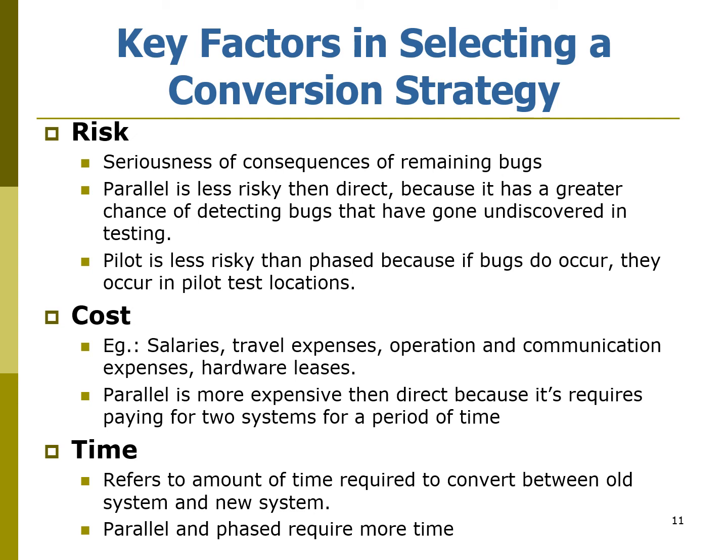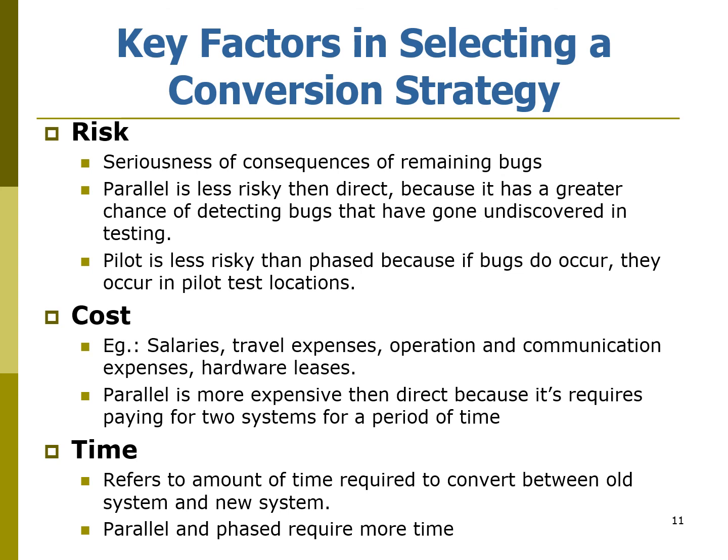Okay, in terms of risk, you should be thinking about the seriousness of the consequences of remaining bugs, meaning that if errors happen, what will actually be affected. Okay? If you compare parallel and pilot, parallel is considered to be less risky than direct.